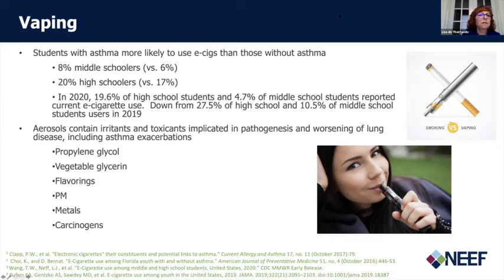And in 2020, we are seeing a downswing in the percentage of high school and middle school students reporting current e-cigarette use compared to last year. This may be in part because of the ban from Juul for young kids and also being unable to buy the vape flavors. It may also be directly related to COVID, and the kids are socially isolating as well.